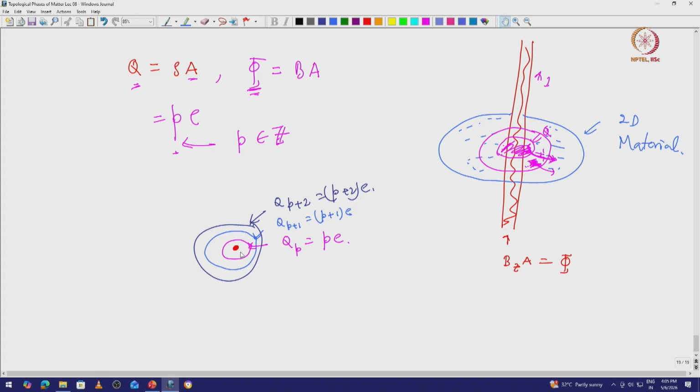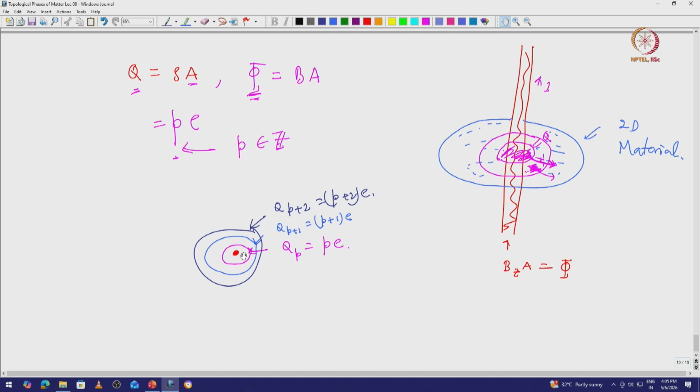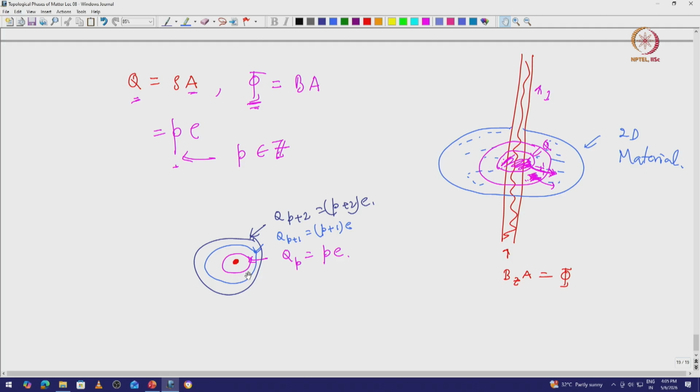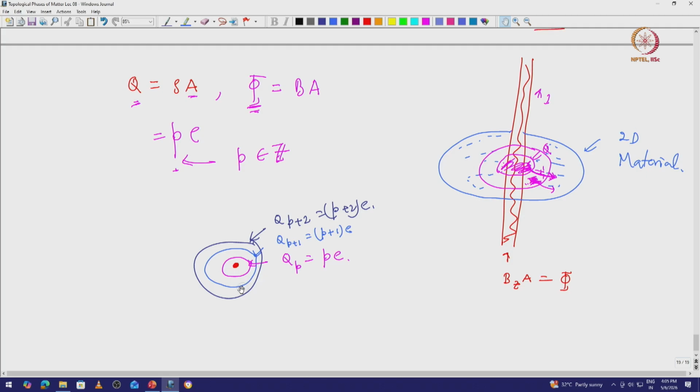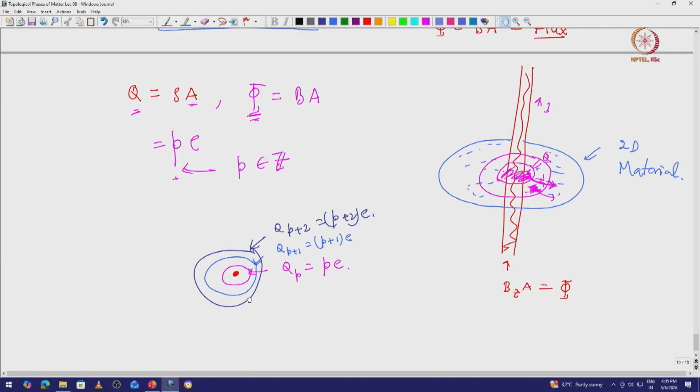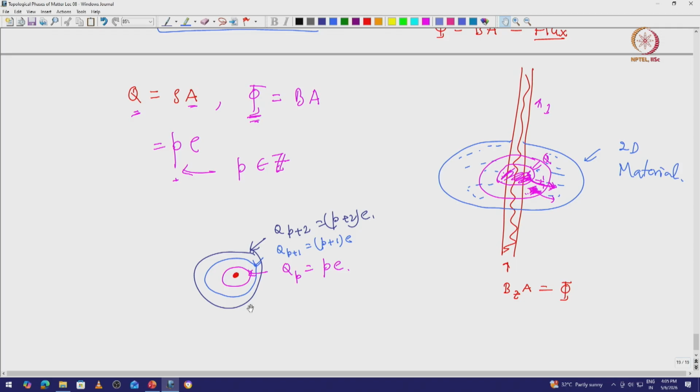As we insert one flux, one charge will go from this area to this area, and this area is also seeing that the flux is changing. So, in this area an electron will also go to the next area, and from that area also an electron will go, and at the end the electron will be accumulated at the edge.